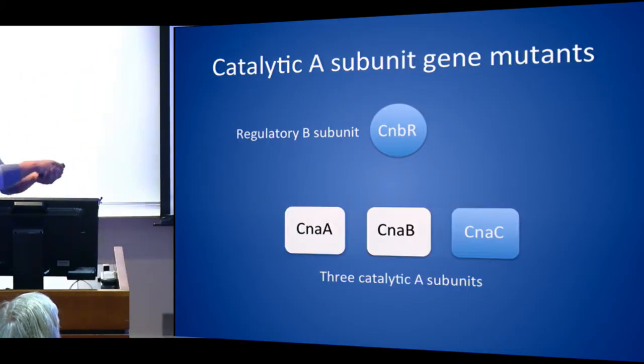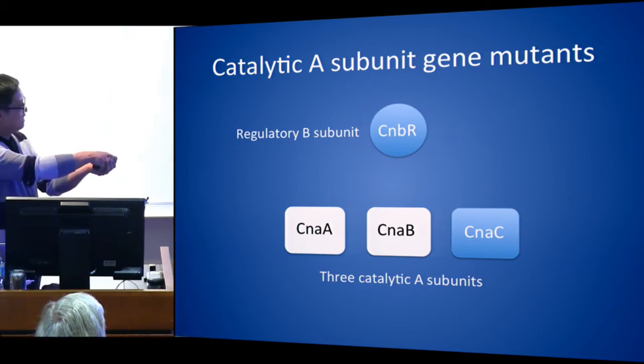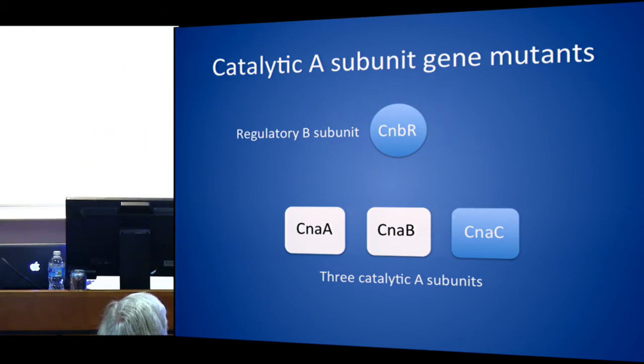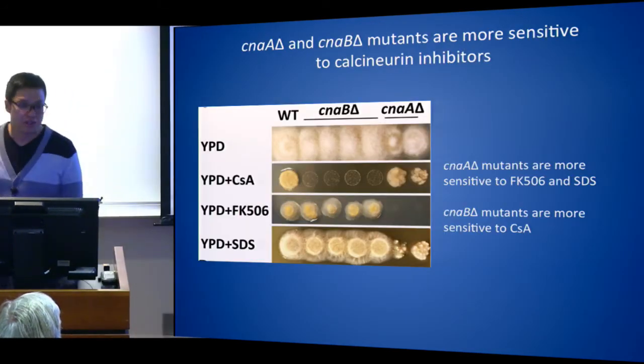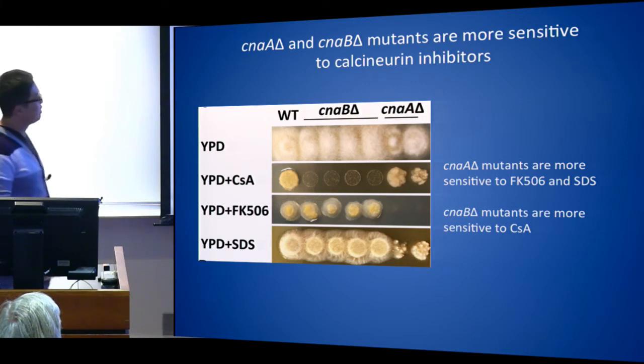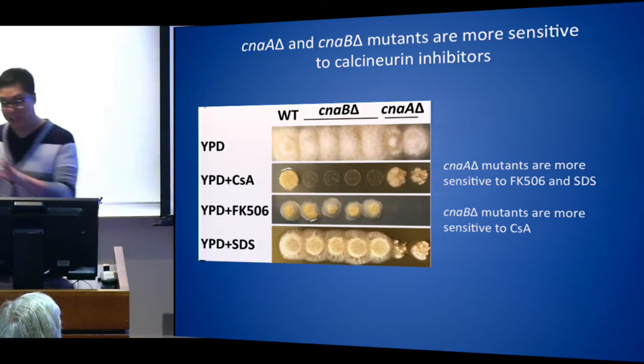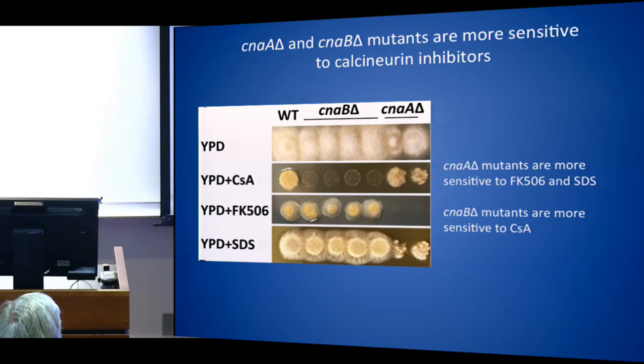So actually, we have 1 regulatory subunit and 3 catalytic subunits. We successfully knocked out 2 of those. Then we examined their phenotypes. So here is the CNA A knockout and CNA B knockout. They have completely different phenotypes.